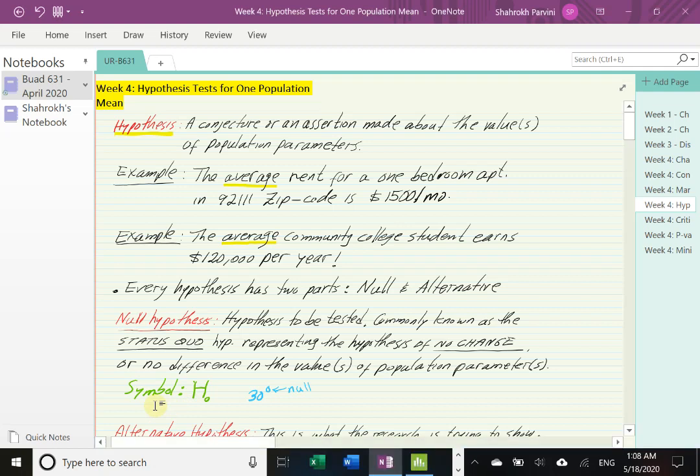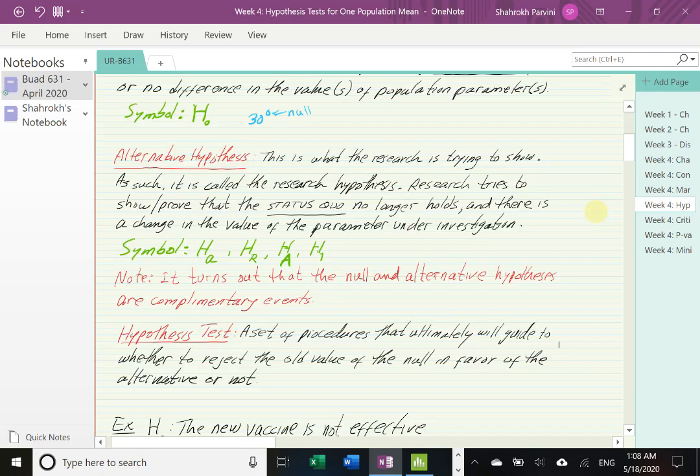The alternative hypothesis is the hypothesis that is a complement of the null. The alternative hypothesis is what the researcher is actually trying to work off of.